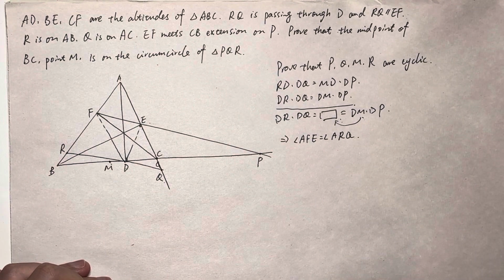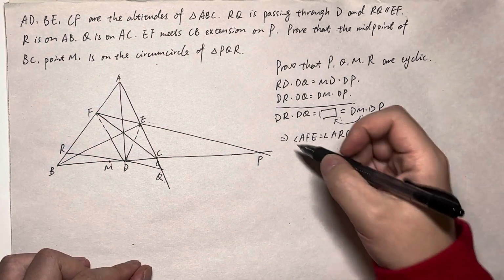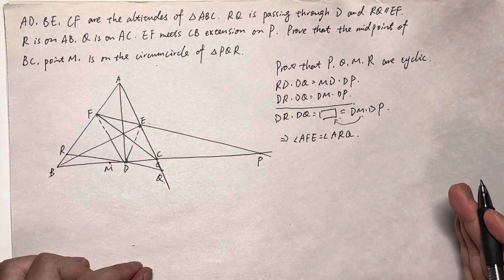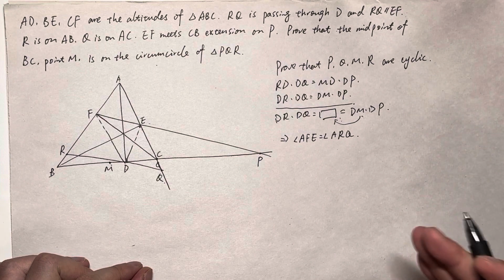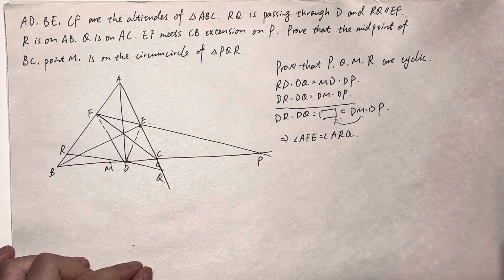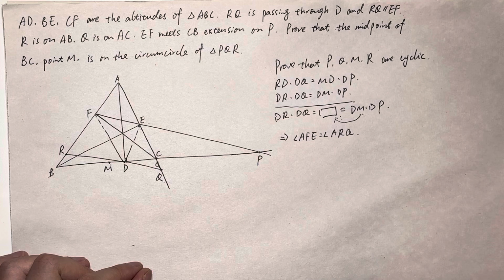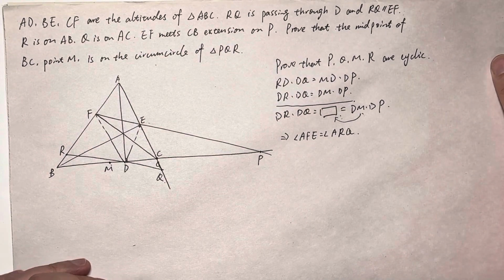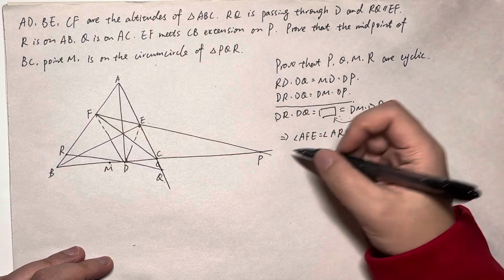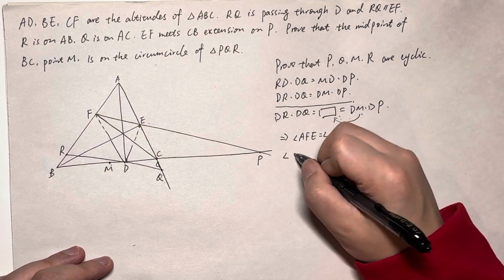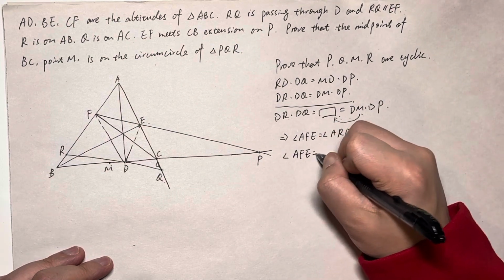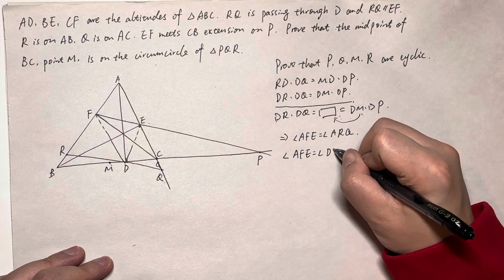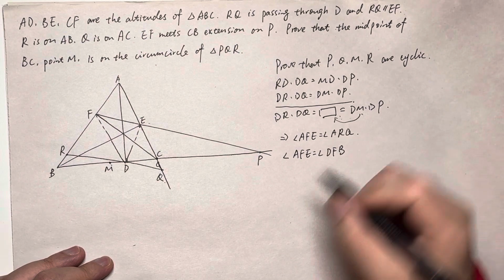Based on the properties of the orthocenter, I'm not going to repeatedly prove things that I already taught in a previous video. Please refer to the properties of the orthocenter video, where we proved that angle AFE equals angle DFB.